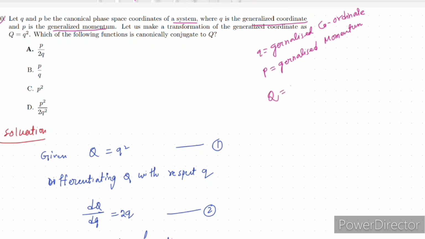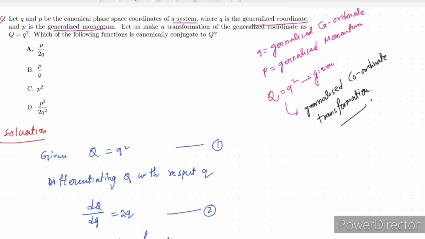The transformation is given as capital Q equals q square. This is the generalized coordinate transformation, which is given.